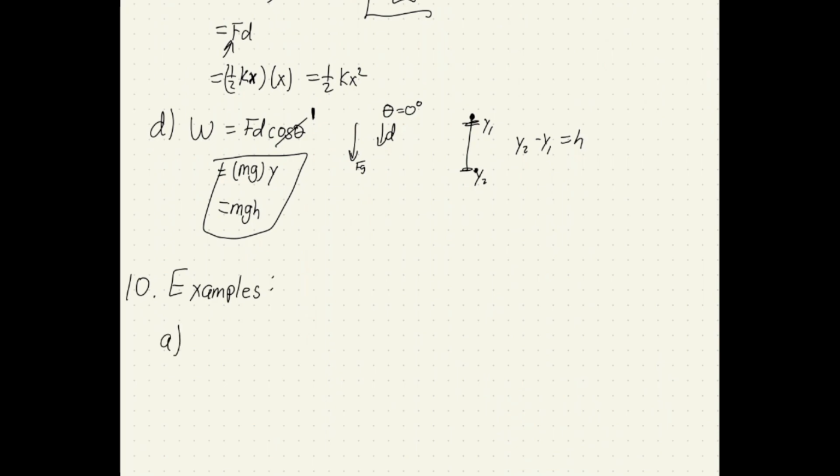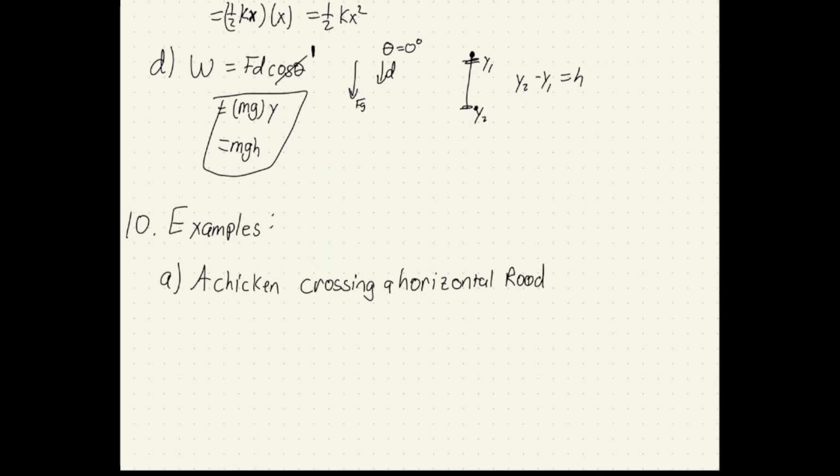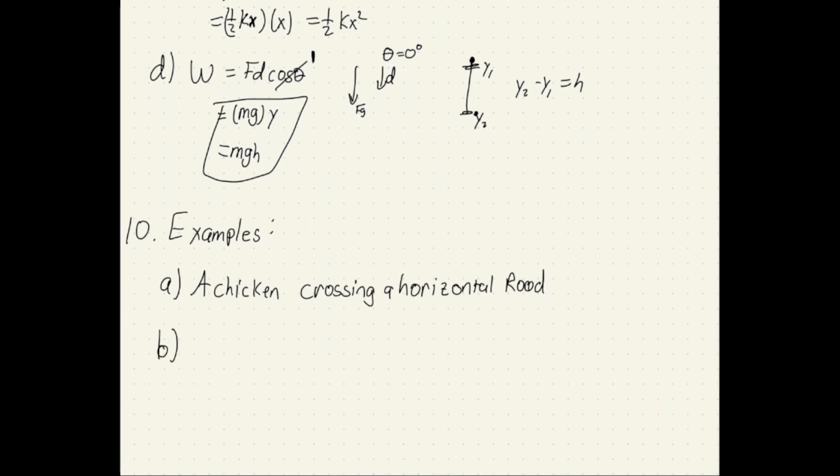So let's say that I have a chicken, and the chicken is crossing a horizontal road. Do a second one. Let's say we have a ball rolling down a hill.